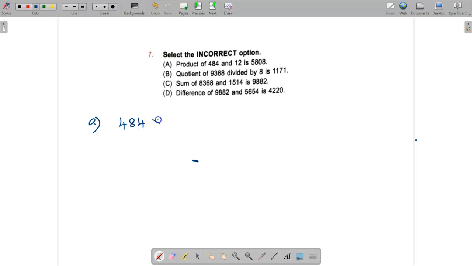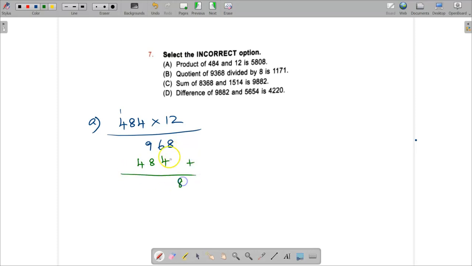484 into 12. So we need to multiply these two numbers. 4 2s are 8, 8 2s are 16, and balance is 1. 4 2s are 8, 8 plus 1 is 9. Coming to the second row, 1 4 is 4, so we need to write it below the second digit. 1 8 is 8, and 1 4 is 4. Now just add these two numbers.